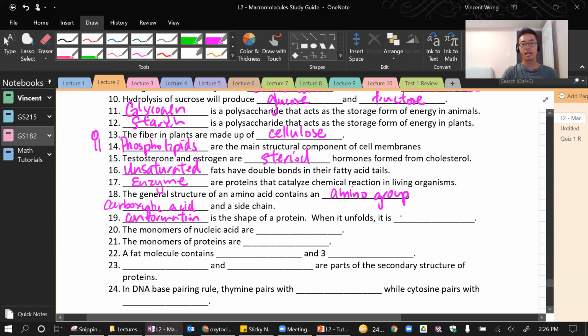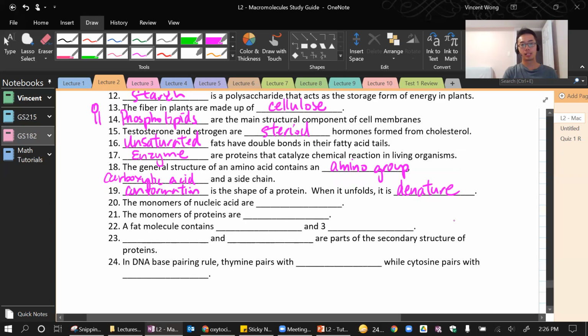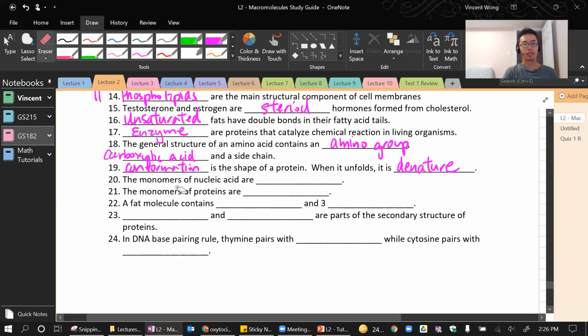It is going to denature, right? Think about cooking an egg, right? The egg white, that's where the proteins are. You heat it up, it turns opaque instead of translucent. That's denaturing it.